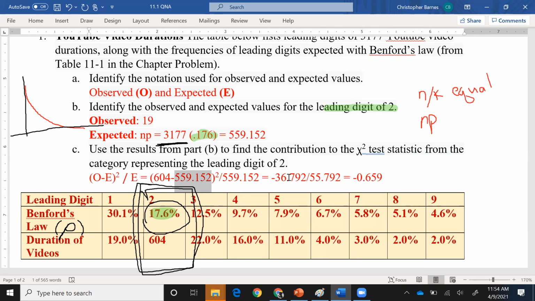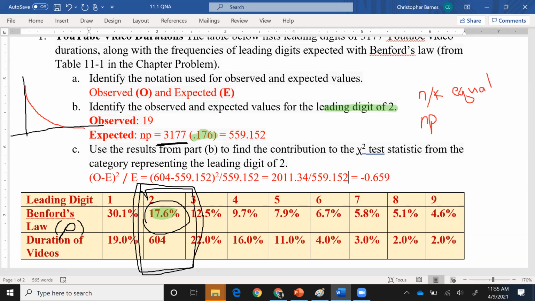Wow, I squared the number twice. That's stupid. 604... 1, 5, 2.